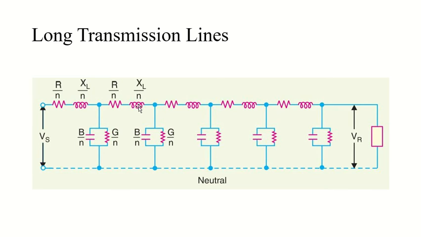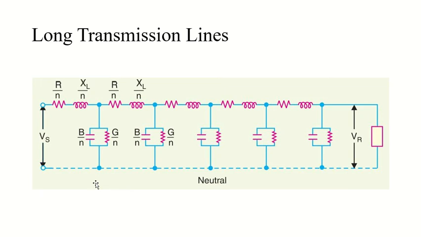Now see what the third point is. The third point says the leakage susceptance, which is given as B here, and the leakage conductance, which is given as G here, are shunt elements. The leakage susceptance is due to the fact that a capacitor exists between the line and neutral. So here you can see the capacitor, and it is between the line and neutral.